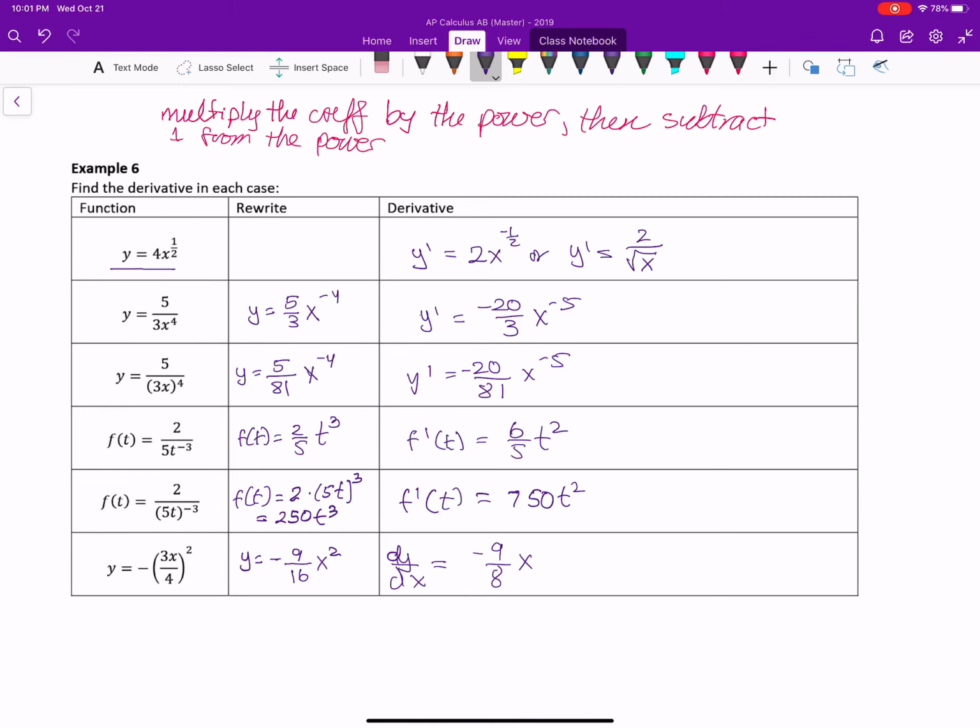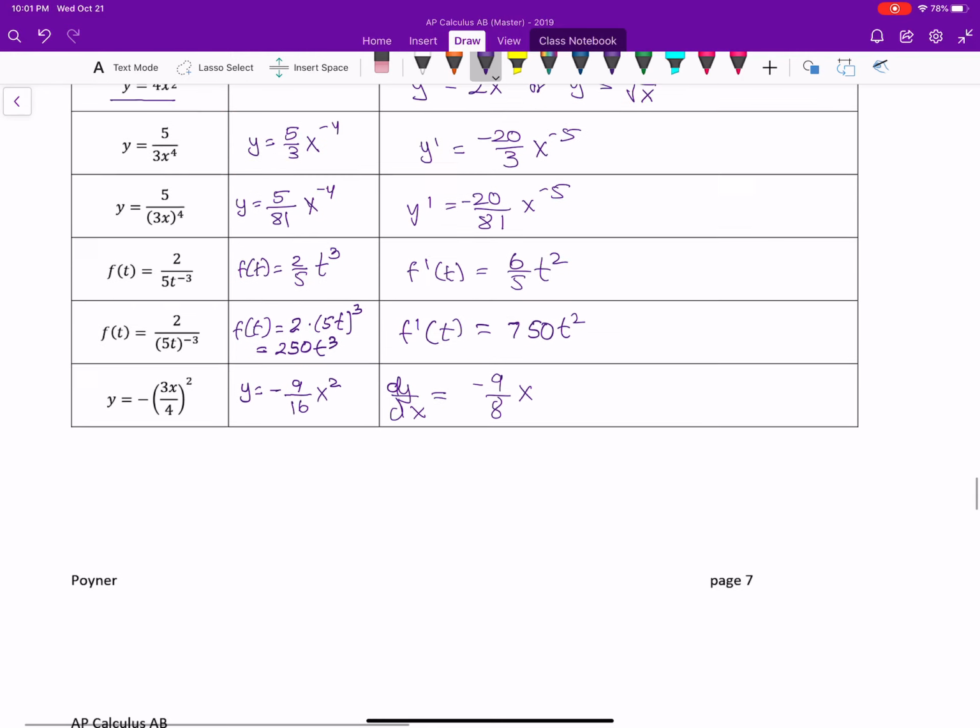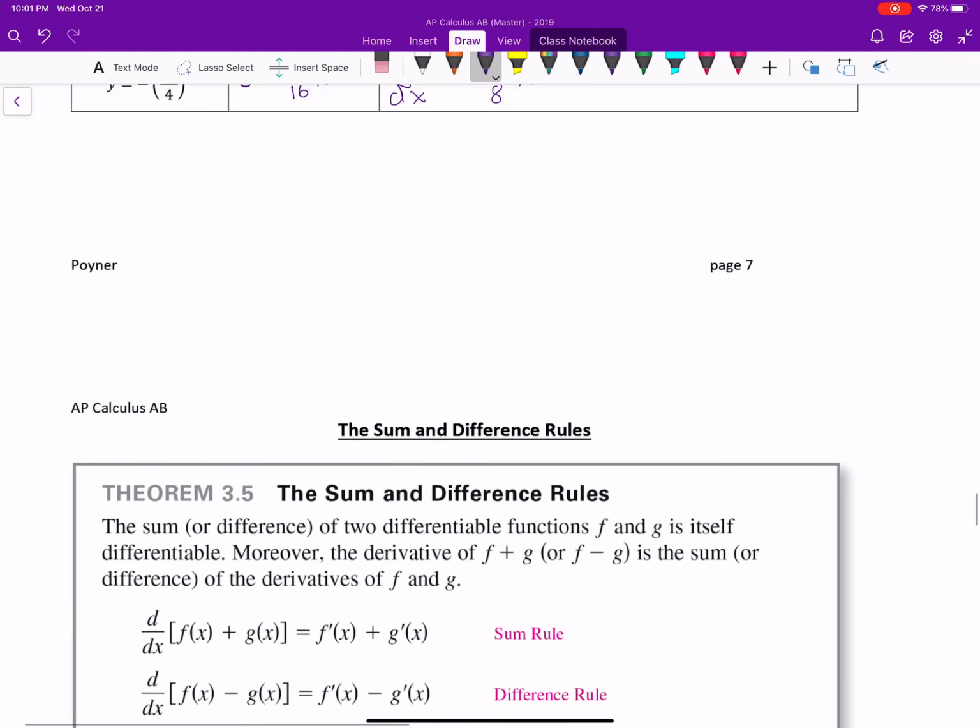That is what I'm getting for example 6. Hopefully we agree. All right.